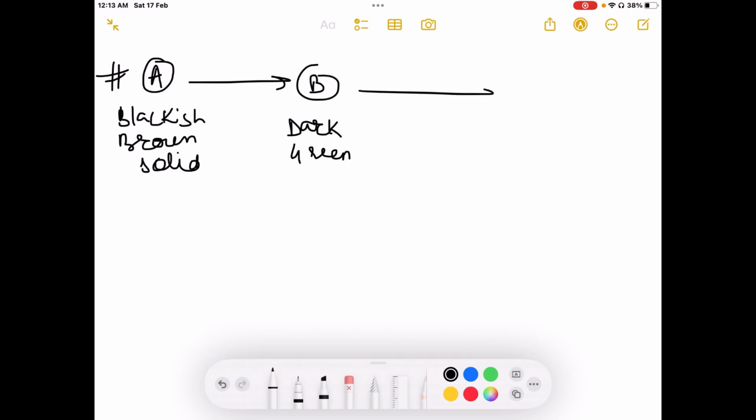This B on electrolytic oxidation in alkaline medium changes to C, which is dark purple in color. Identify A, B, and C.